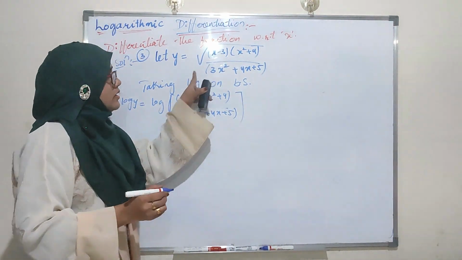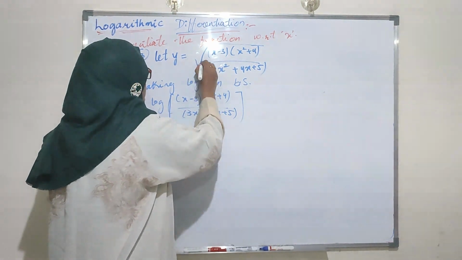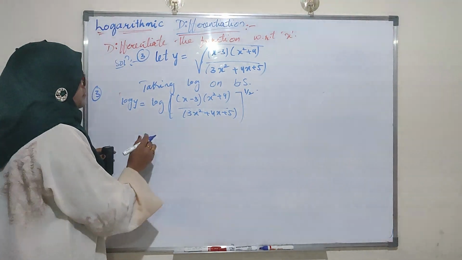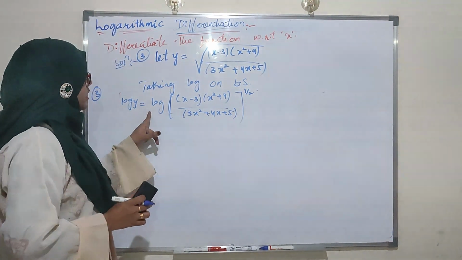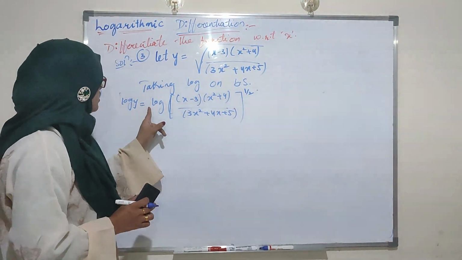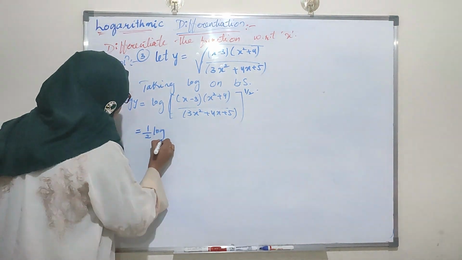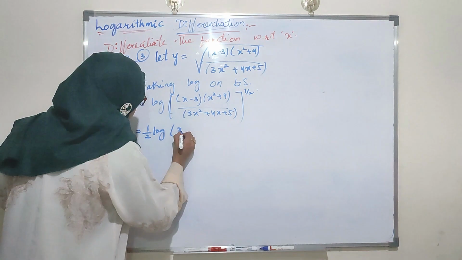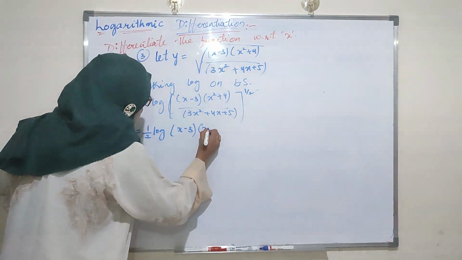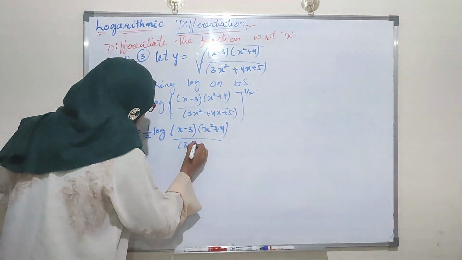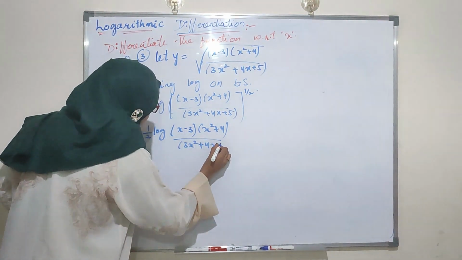So root we can write as square root, as power 1 by 2. By log property we can take this 1 by 2 in the product form, 1 by 2 of log of ((x minus 3)(x square plus 4)) whole divided by 3x square plus 4x plus 5.